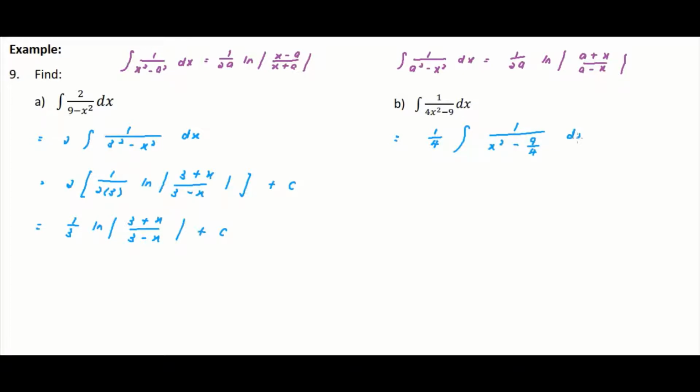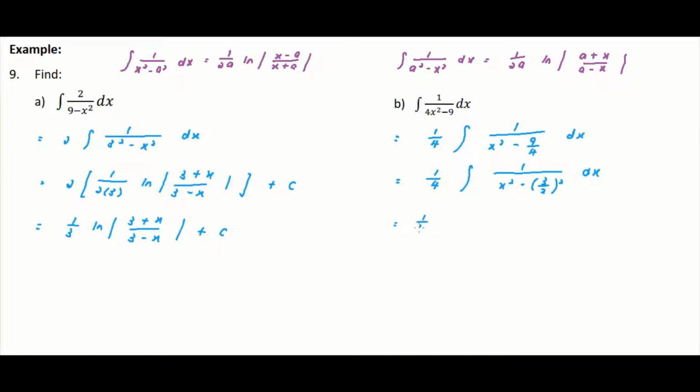Now the coefficient of x squared has become 1 already. Let's express the 9 over 4 in the form of a squared: 1 over x squared minus (3 over 2) squared. Now this is in the form of 1 over x squared minus a squared, so I can continue with this formula.